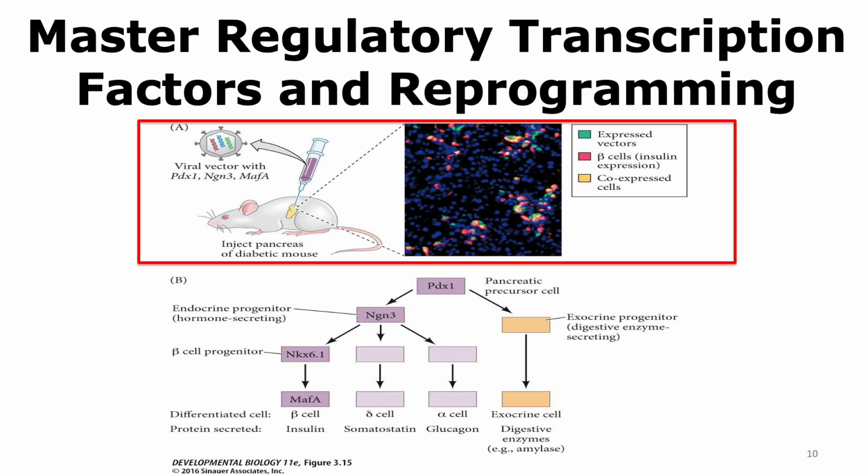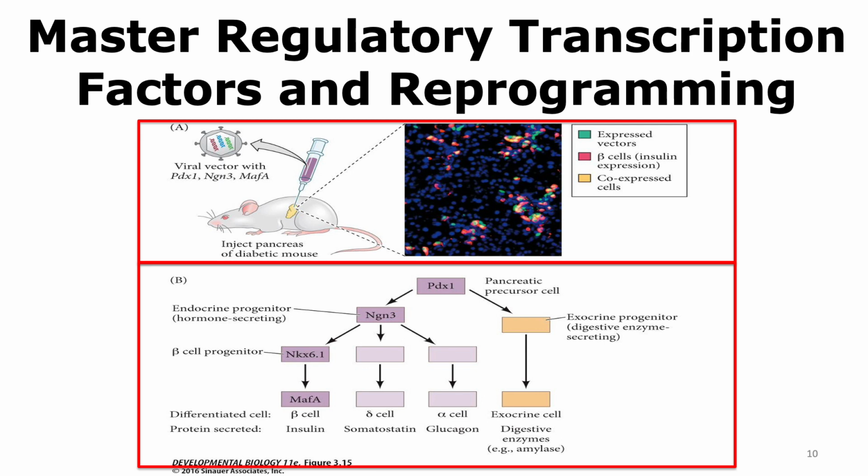There are a lot of experiments going on to try to treat diseases in this fashion by expressing transcription factors and reprogramming cells so that disease cells can now be functional and we can treat diseases in this manner.